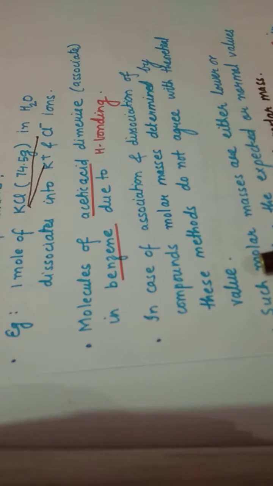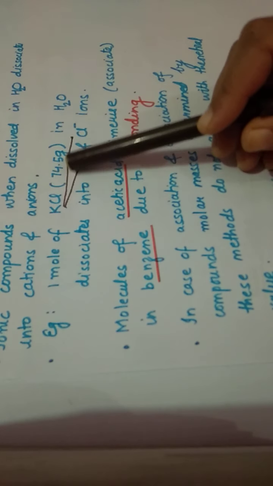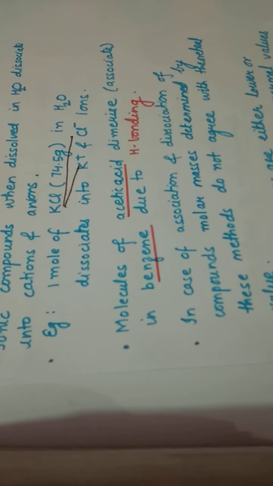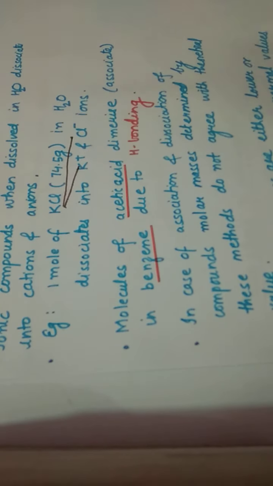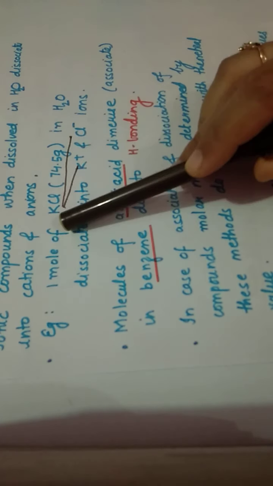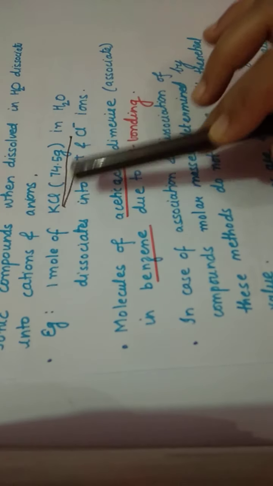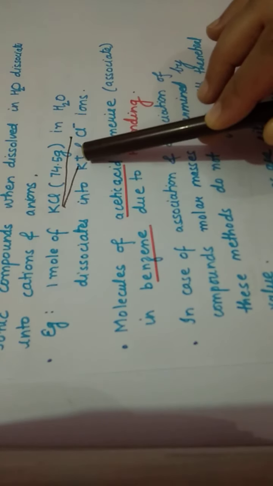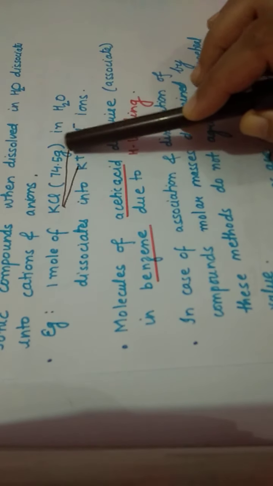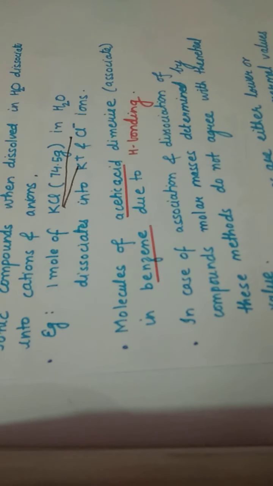does not agree with the theoretical value. For example, the molar mass of KCl is 74.5. It is the theoretical value of the molar mass of KCl. But after dissociation, if you find out the molar mass of KCl, there will be some change in the molar mass which will not match with the theoretical value of KCl.